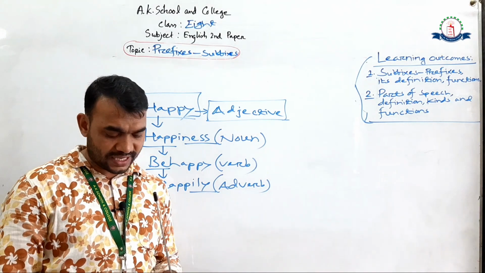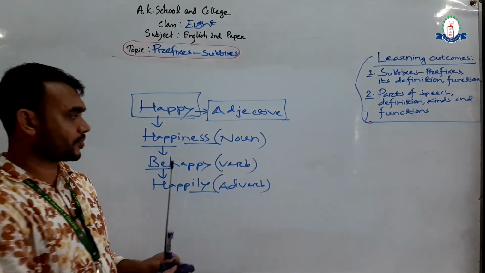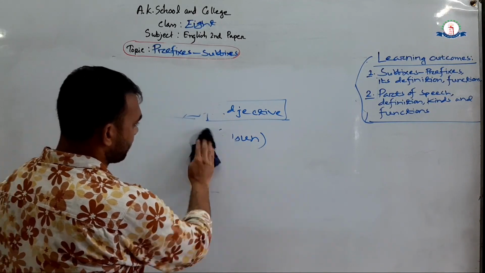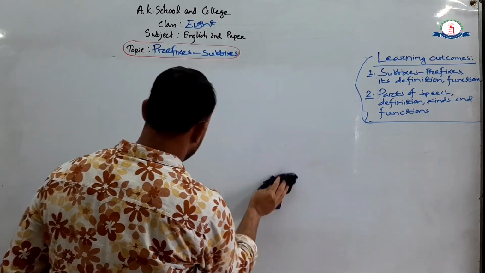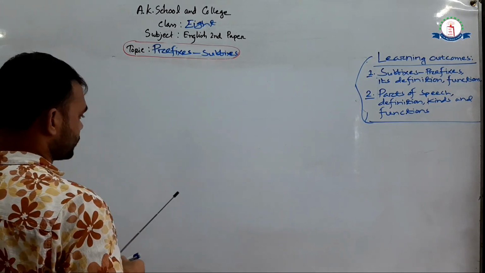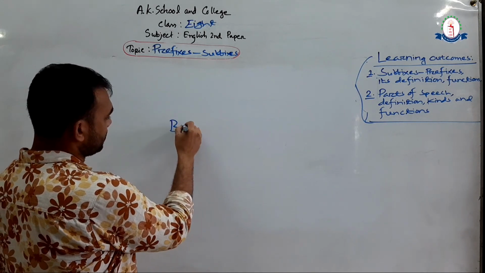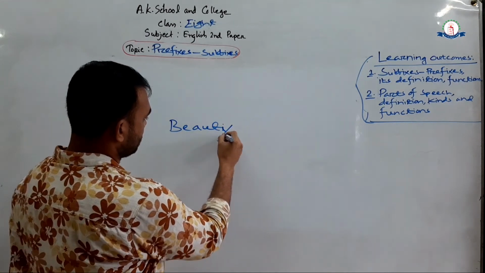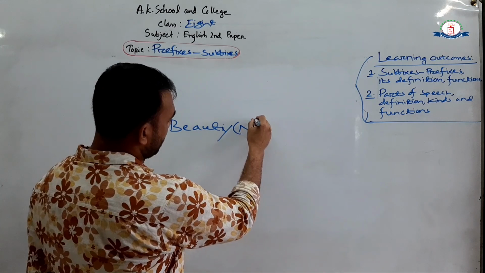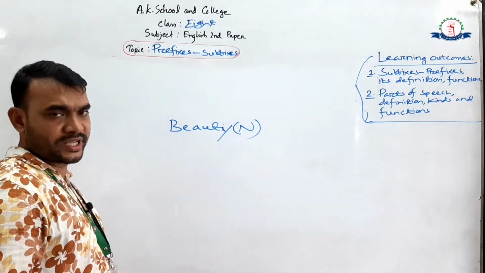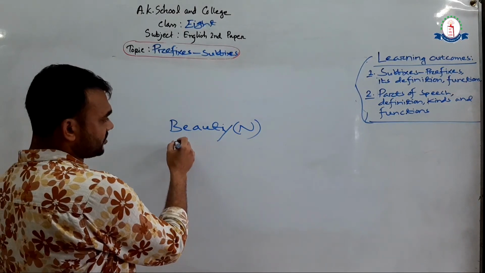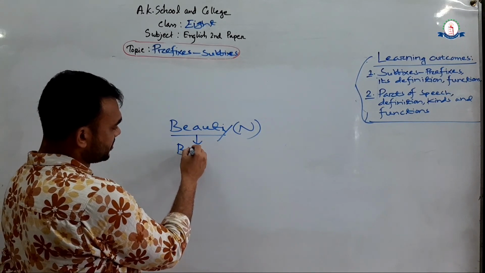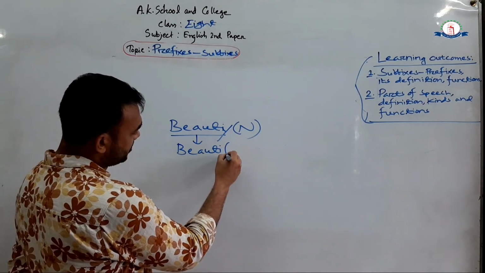Okay, so I will take another example for you to understand better. Okay, look at the board please. So here I have written beauty. Beauty is a noun. So I will make the other three. I will make it a verb, that is beautify.